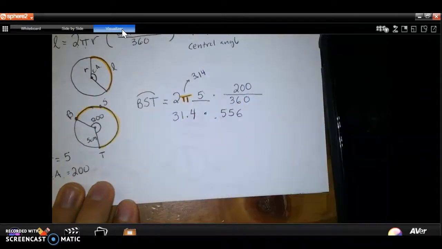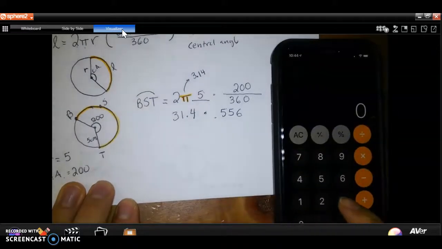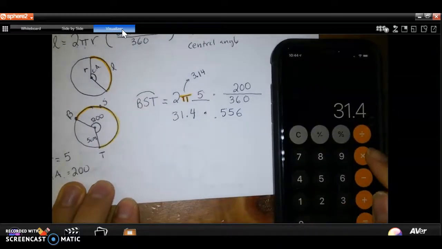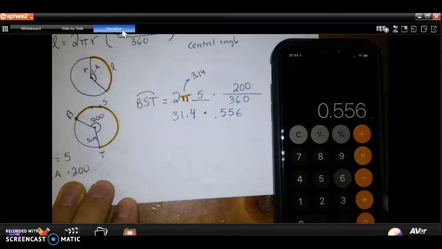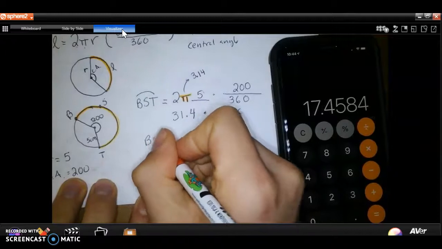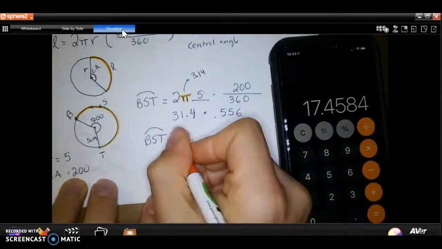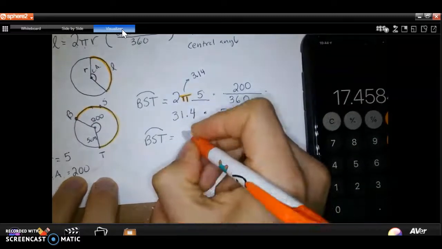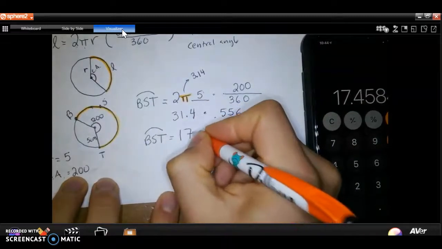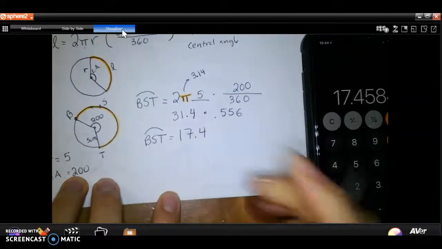Now we can just multiply these two: 31.4 times 0.556, which would give us BST is equal to 17.4 and so on.